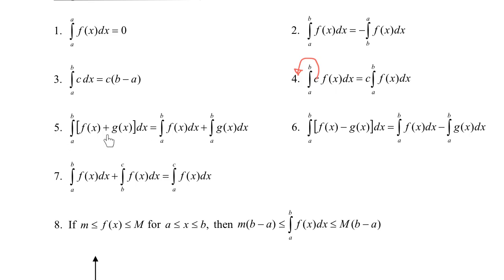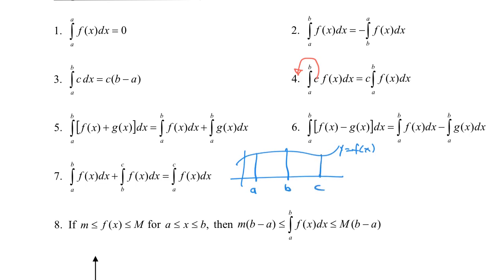This one, the integral of a sum is the sum of the integrals. So nothing too shocking with this one or this one. And this one is just saying, let me draw a picture of this one. So we've got this integral, let's say this is y equals f of x, and we've got a, and then b, and then c.